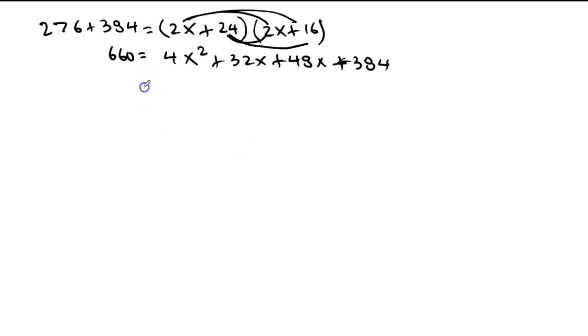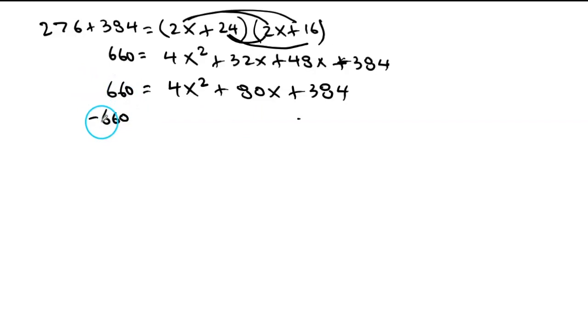Okay, let's combine like terms. 32x plus 48x is 80x, plus 384. Bring down 660. The idea is to solve this one, so minus 660, because I'm looking for 0.